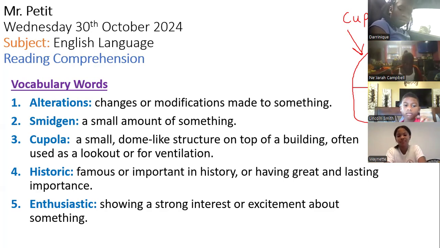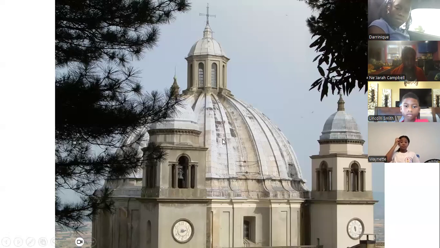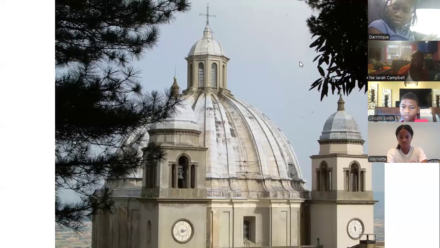Put inside the chat which word you think this picture represents. I'm gonna put the picture on the screen and we're off. What word do you think it is?